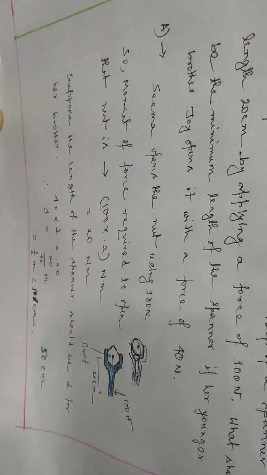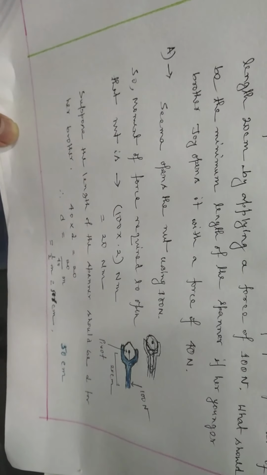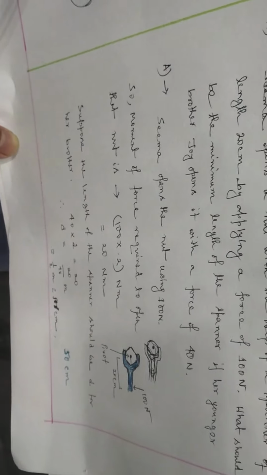So Soma applied 100 Newton of force, and the length of the spanner is 20 centimeter. So the moment of force is 100 into 20 centimeter, that means 0.2 meter. 100 into 0.2 Newton meter, that means 20 Newton meter. So 20 Newton meter of torque is needed to open the nut.